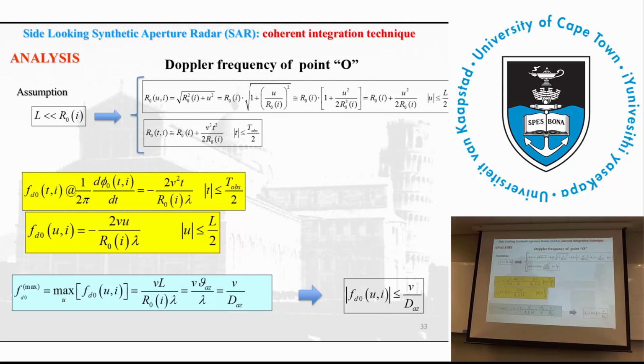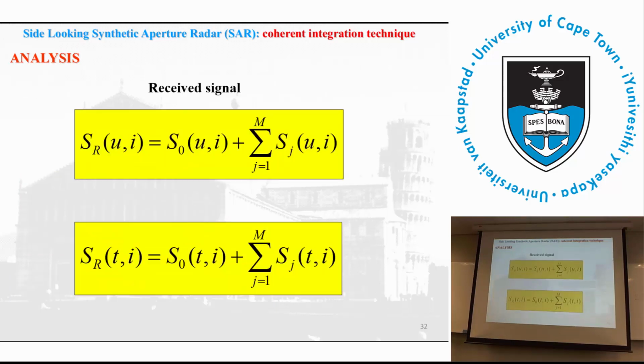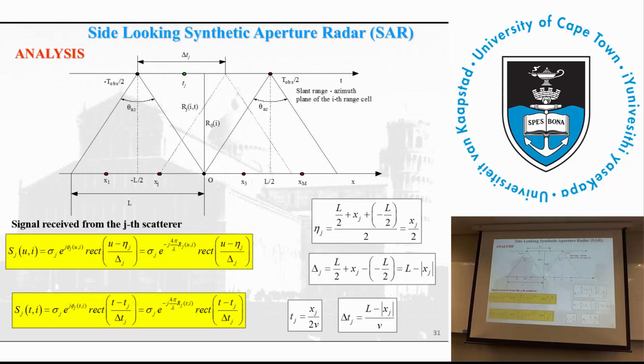So, if I look at the Doppler frequency that is generated by point O on the ground, I can find an expression now. And why would I expect that point O to generate a Doppler frequency in the first place? Remember the geometry? Point O here.